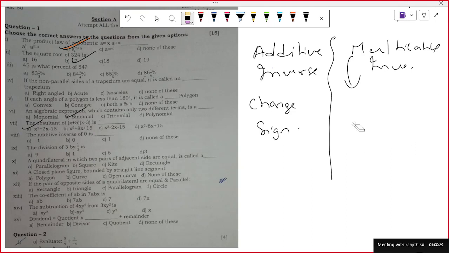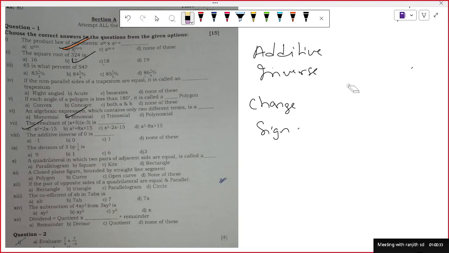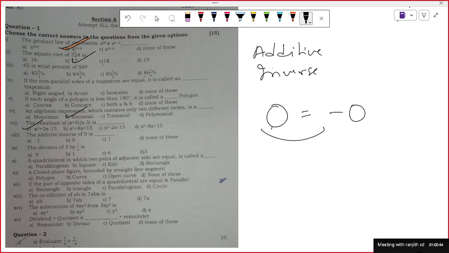In the exam they might ask multiplicative or additive. What's the additive inverse of 0? Positive 0, minus 0? 0 doesn't have plus and minus. It is always 0. 0 is neutral, students.